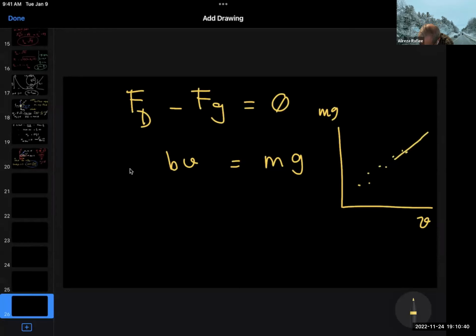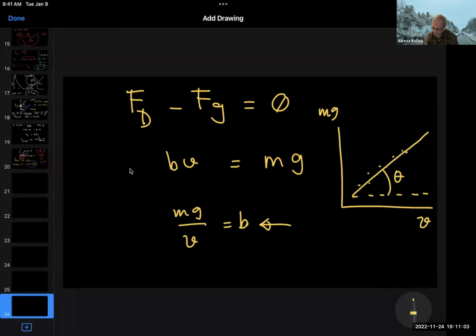And so a best fit like this can give you the slope here. And the slope here is technically mg by velocity, which will give you the constant b. So the slope here will give you b. Does that make sense?